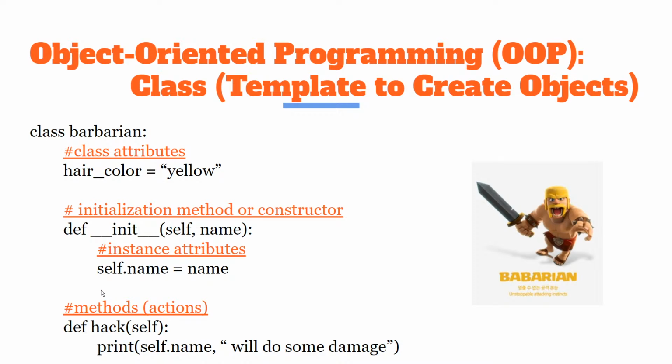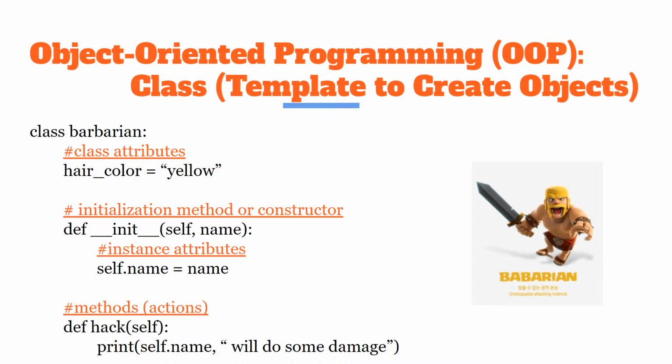And down here, we just have a regular method. It's defining hack with self, and you just print self.name will do some damage. And we can see there's a lot of selfs going on, right? When you call these methods, say you have the object do a certain action using a method, you essentially just ignore the self.